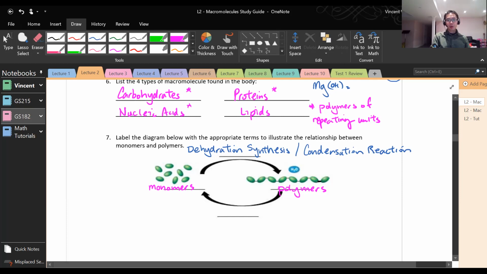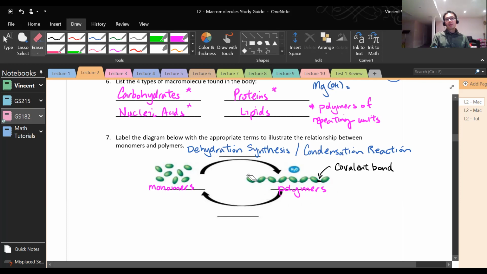The bond that connects the monomers together is always going to be a covalent bond. No ionic bonds for polymers. All these linkages are covalent bonds, which means they involve a sharing of electrons.